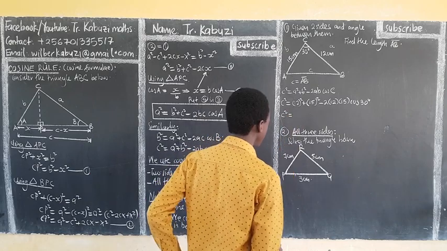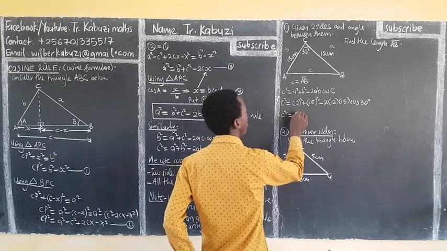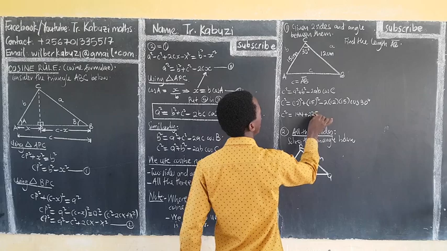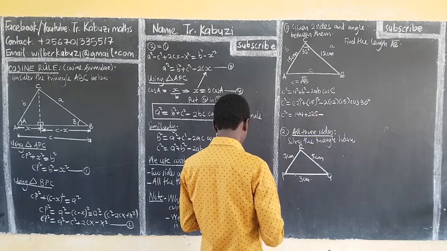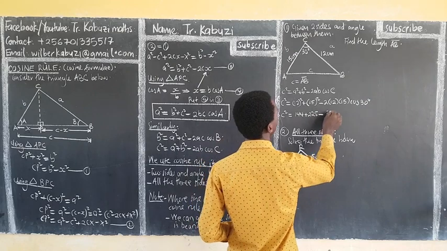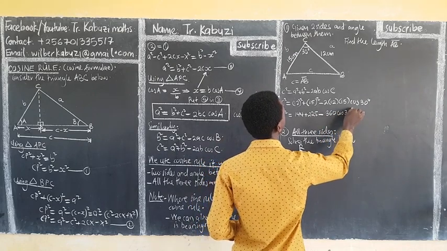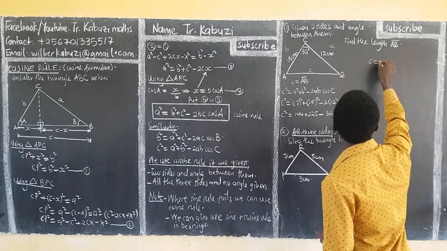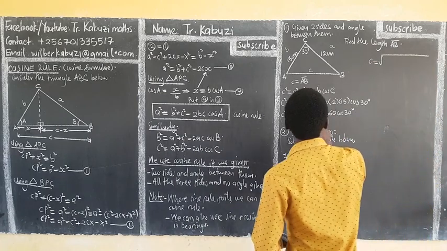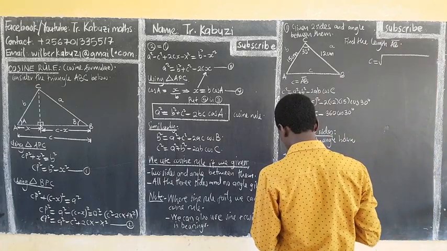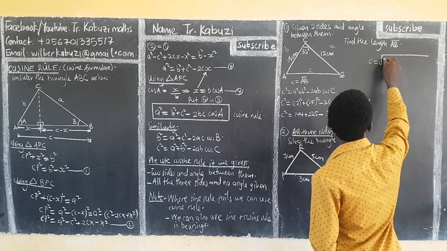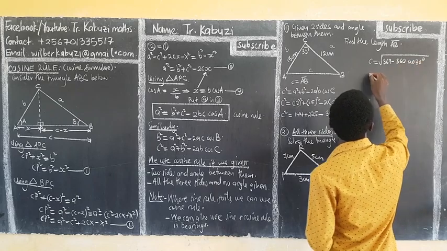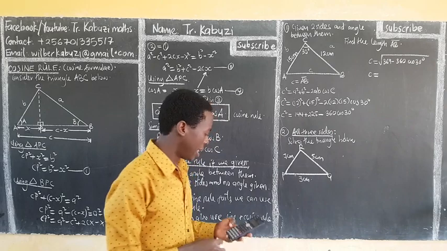When I multiply this, this will be 144 plus 225, then minus, when you multiply these two, you get 360 cos 30 degrees. Now from here, you get the square root of the whole of this. So that our c is going to be the square root of 369 minus 360 cos 30 degrees. And from here, just press your calculator.